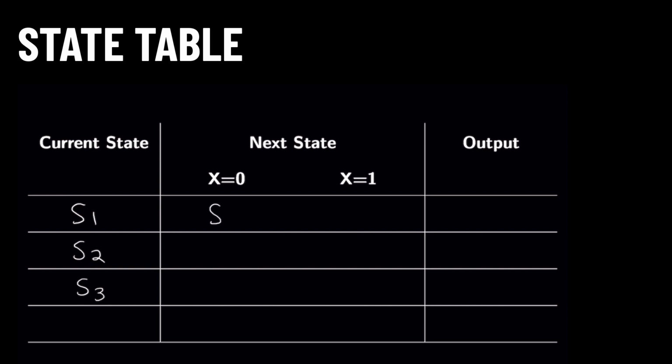If the current state is S1 and x equals 1, the next state is S2. Continue filling this out by reading the state diagram and determining the next state transitions for the other scenarios. The output columns y and z represent the output values for each state. In S1, y equals 0 and z equals 1, and so on. Now we can select a flip-flop type and assign state assignments.